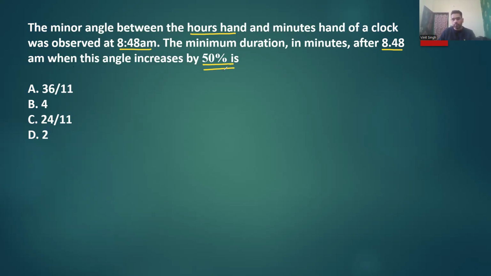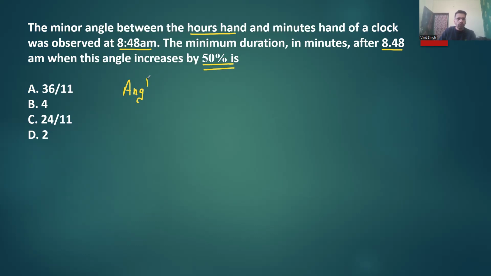So after how many minutes after 8:48 will the angle become 50% more than the minor angle formed at 8:48? So the minor angle is increased by 50%. We have to find the difference in minutes, after how much duration the angle increases by 50%.